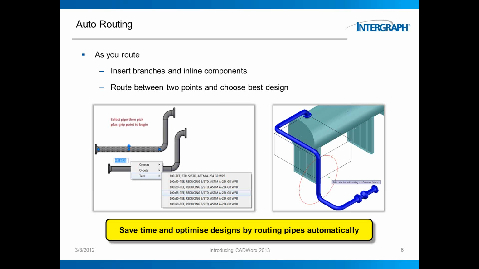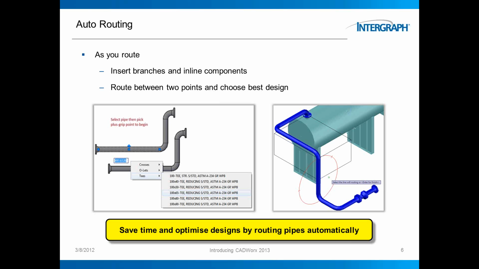The new branch tables allow us to do what you see in the first figure in this slide. We have a new plus grip that appears on the pipe, and we can select those plus grips and indicate I want to insert a branch connection.